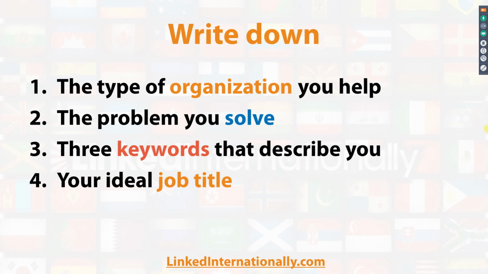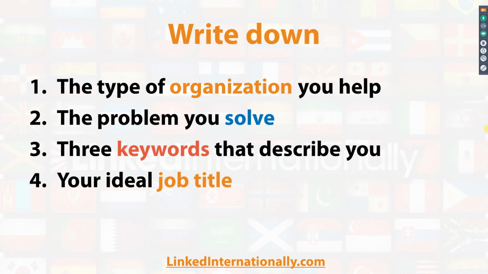Next, the problem you solve, and the problem could be something like a company losing money, or an organization losing employees, or a company not growing quickly enough, or anything like that. And again, the more specific you can be, the better. You'll want to write down 3 keywords, and these are going to be things that you're going to work into the title itself.